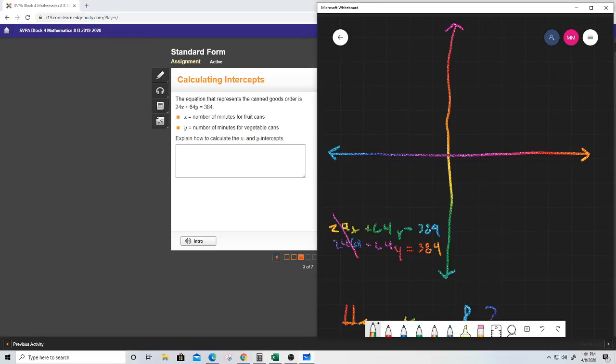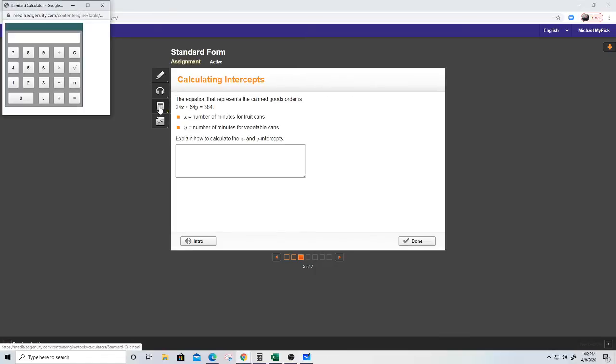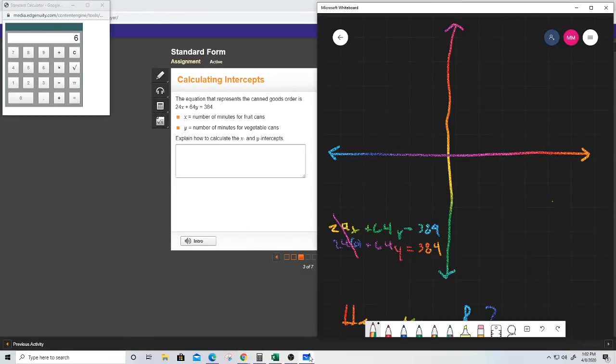So now we have to solve 64y equals 384. Using our fancy calculator, 384 divided by 64 is 6. Thank goodness we're in 8th grade, because in 7th grade they don't get to use those calculators.